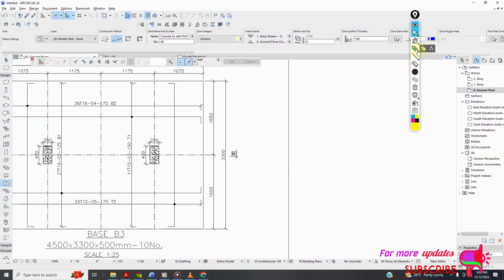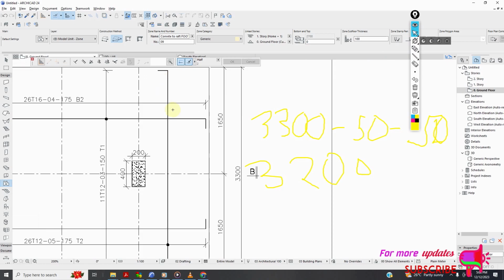So that is 3300 minus 50 minus 50. This is 50 also. So that will be 3200. That is the length from this point to this point.